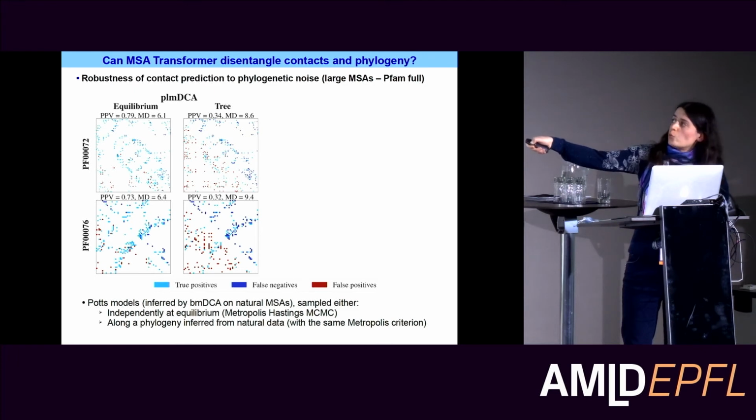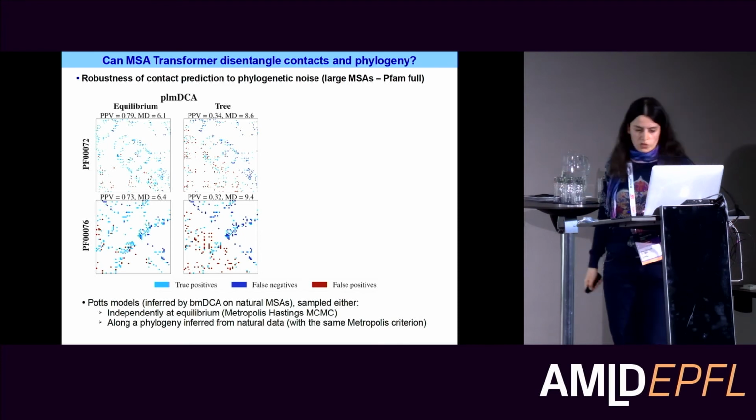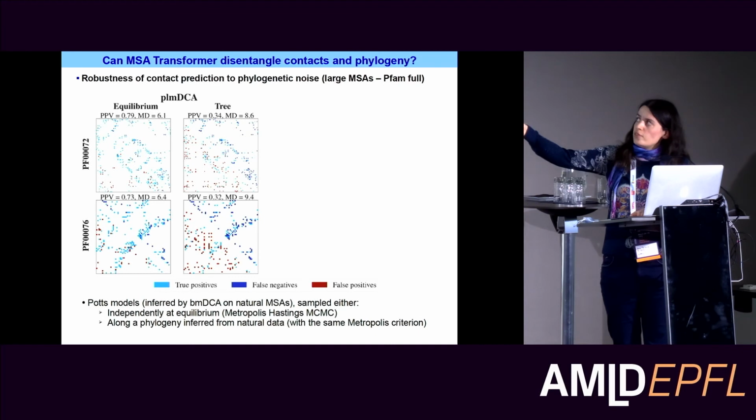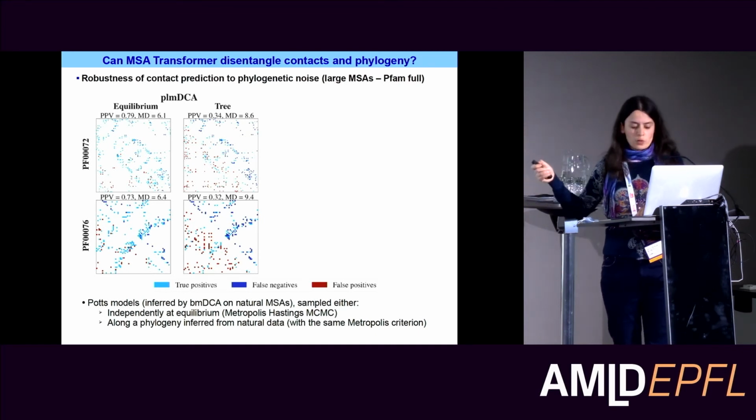So here you can see that predictions are quite good, but when we add the phylogenetic noise to the data, you can see that there are many more false positives in red that appear, and that they are scattered across all the contact map. This is true for this family, but also for that one, and in fact we have looked at 14 of them. So that's what happens with the Potts model. These are predictions of contacts from the Potts model. You can see that phylogeny is bad for the prediction by the Potts model.